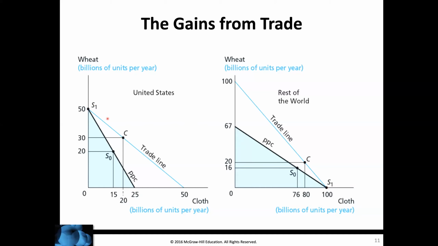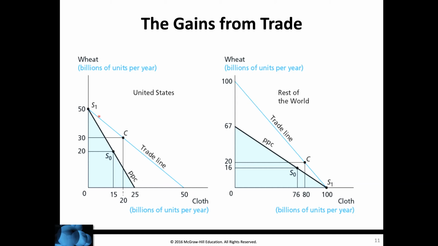And what we end up seeing because of trade is that the US will be able to trade along the trade line, and the rest of the world will be able to trade along the trade line, which makes both the United States and the rest of the world better off, even though the rest of the world had an absolute advantage at both production of products, and the US had a disadvantage in both.